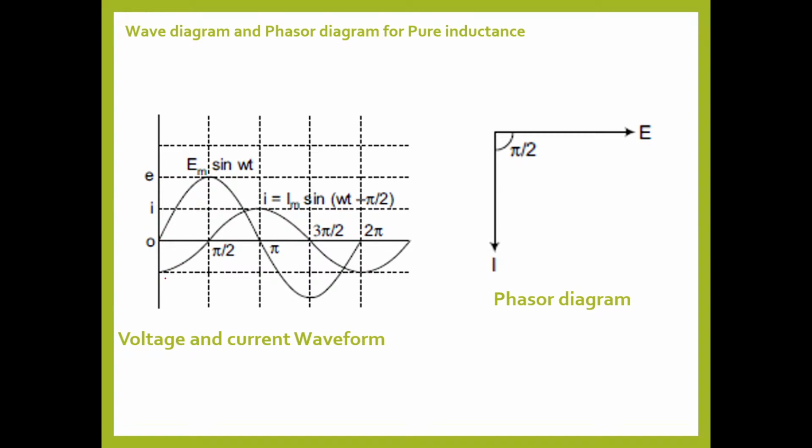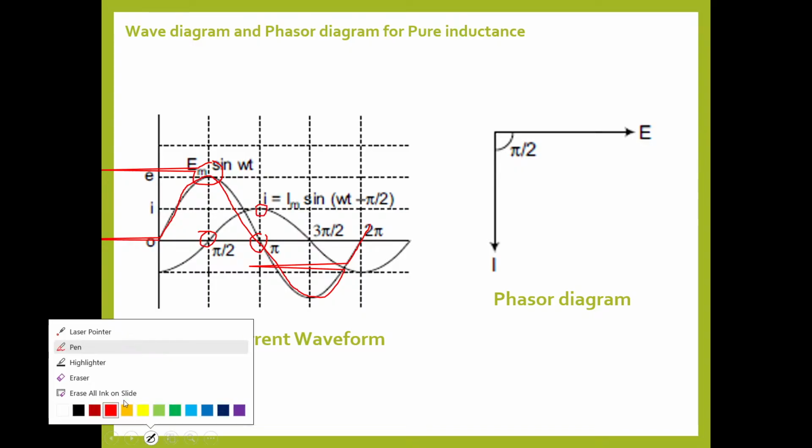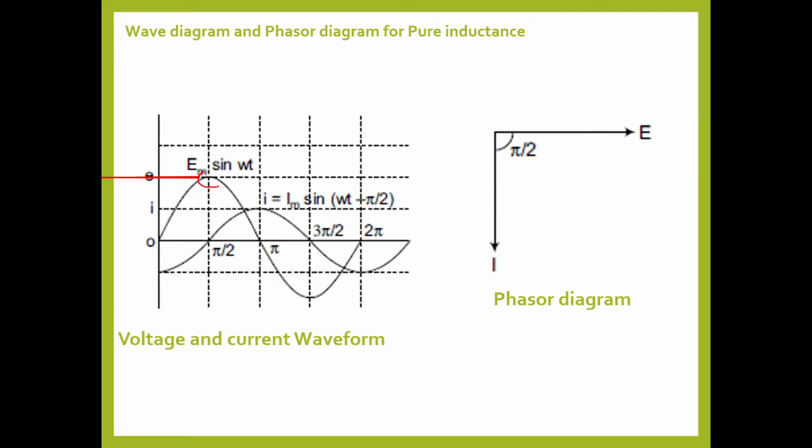If this is my voltage waveform, when voltage is maximum, current is minimum. When voltage is minimum, current is maximum. But voltage reaches its maximum value before current reaches its maximum value.